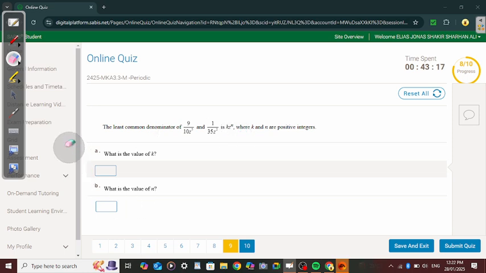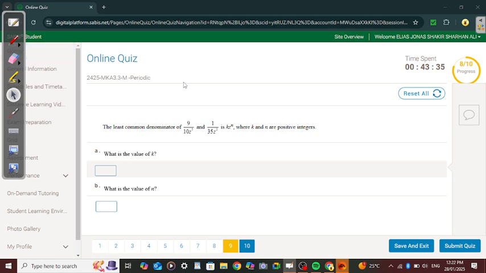Here, there is a common denominator of n over 9, not n, 9 over 10z to the power of 5, and 1 over 35z squared is kz to the power of n, where k and n are positive integers.